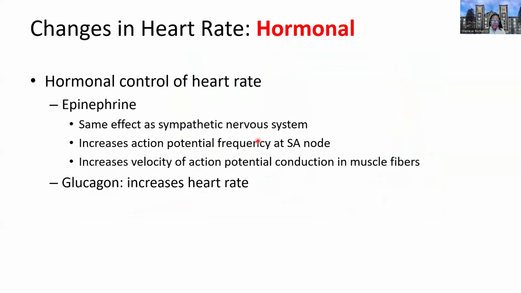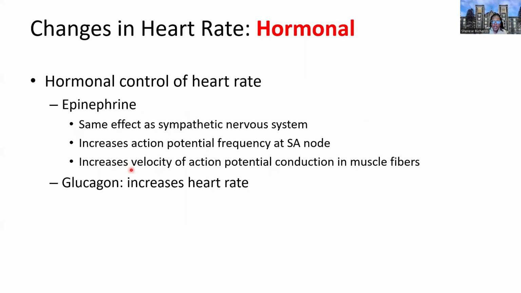Okay. Now let's think about the hormonal control. The hormonal control is going to be the same as the sympathetic system. We know that norepinephrine and epinephrine can act the very same way, either as a neurotransmitter or as a hormone. So the effect is going to be the exact same based upon epinephrine as a hormone. We're also going to see an increase in the action potential frequency because of that same sympathetic effect.